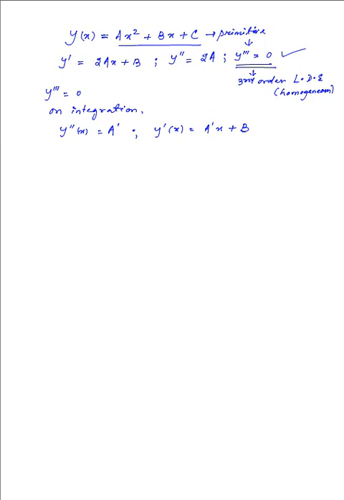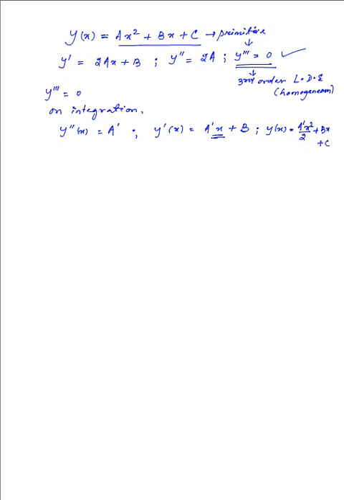Then if we do the integration further, we have y of x to be equal to, now this x over here is going to be x squared by 2 as we do the integration further. So we end up with y of x equal to a prime x squared divided by 2 plus bx plus c.